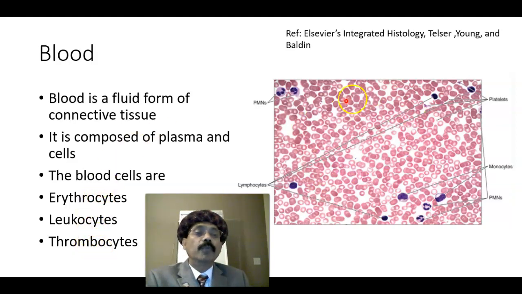So in a blood smear, we'll look at the blood cells. These are the RBCs. These all are the RBCs here.